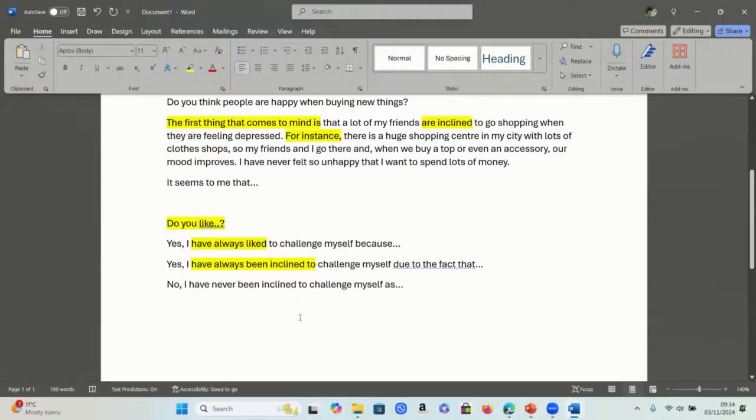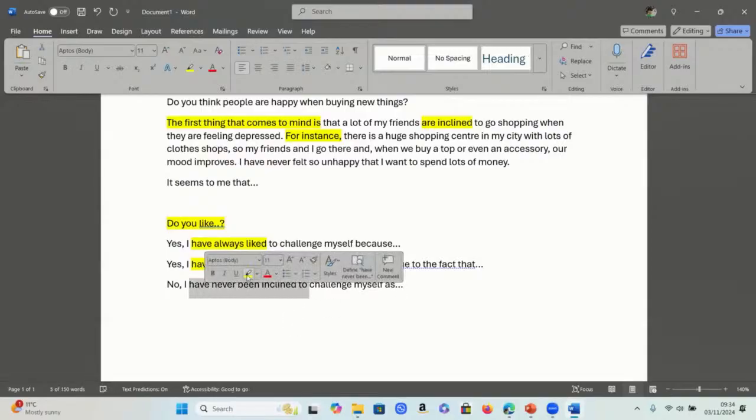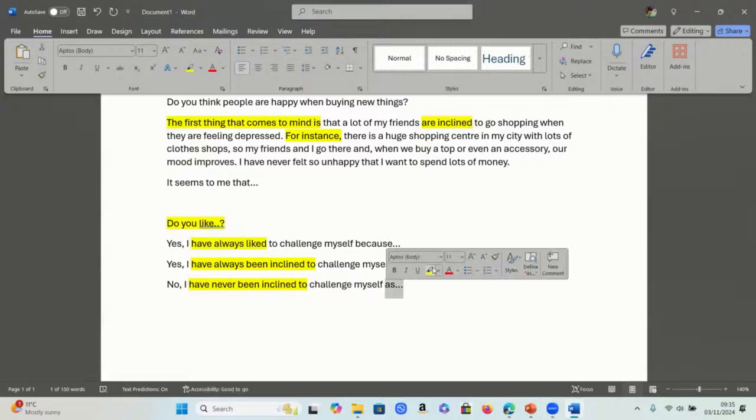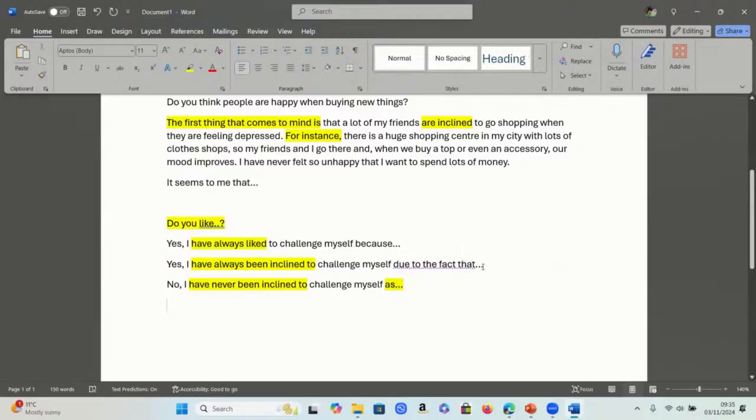And then there's a negative version of the second one. Here you've got a very good one as well, because you've got present perfect. You've got "inclined to" instead of "liked". You've put "never", so you've done the negative, which can sometimes be a little challenging. And this time you've got "as" instead of "because", which is also showing variety in your vocabulary and joining words.